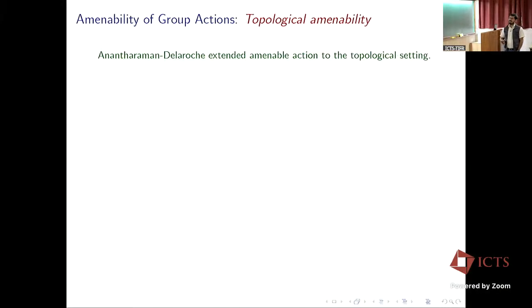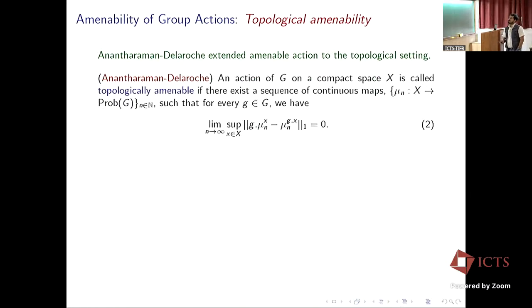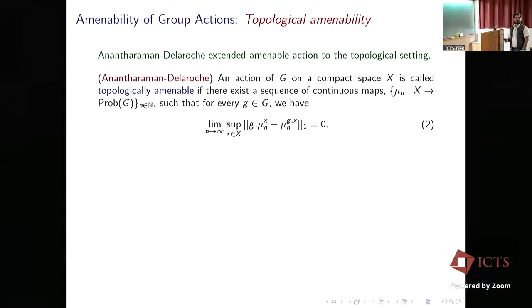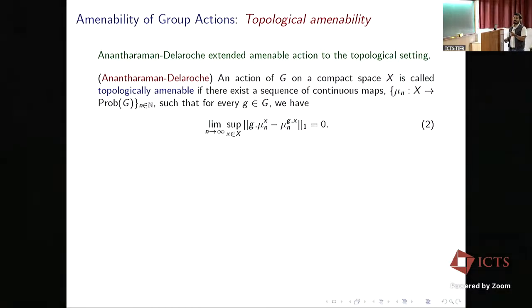Now, Anantharaman-Delaroche extended this notion of amenable action to the topological setting. She defined essentially the same definition, but we are not asking this limit expression to vanish only for a full measure set.